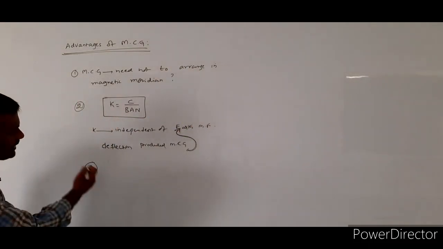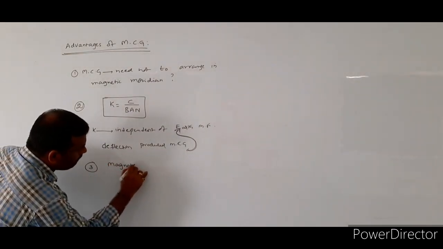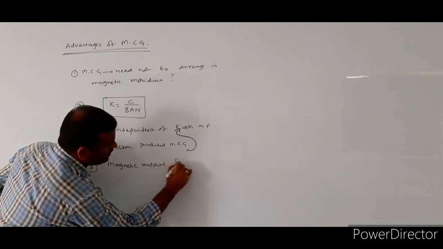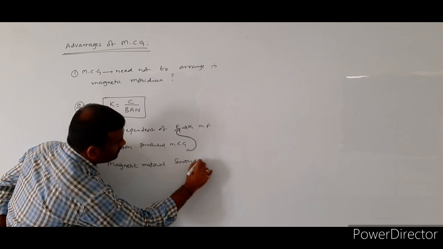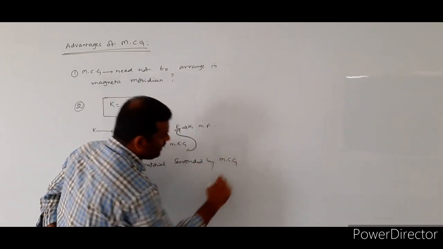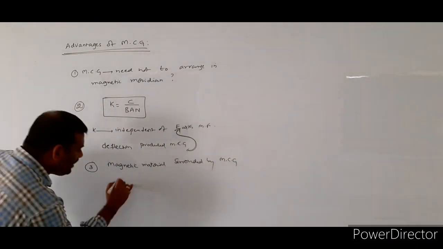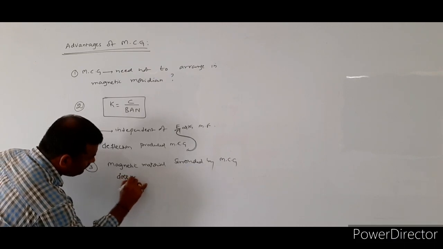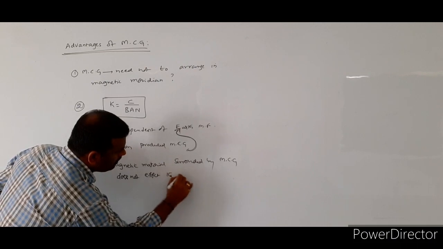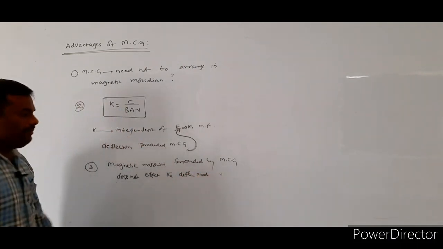So the third point is what? The magnetic materials surrounding the moving coil galvanometer do not affect the deflection produced in the moving coil galvanometer.